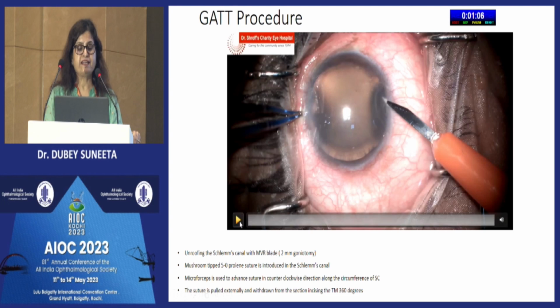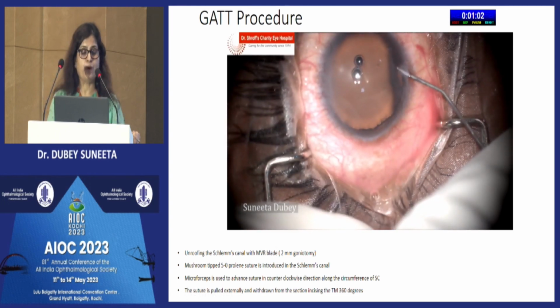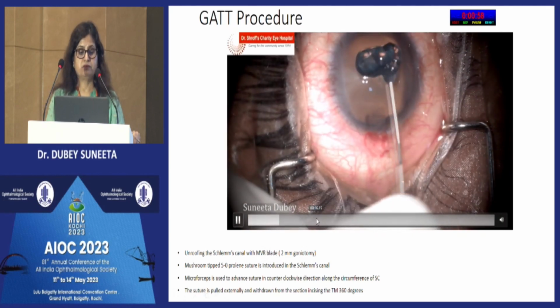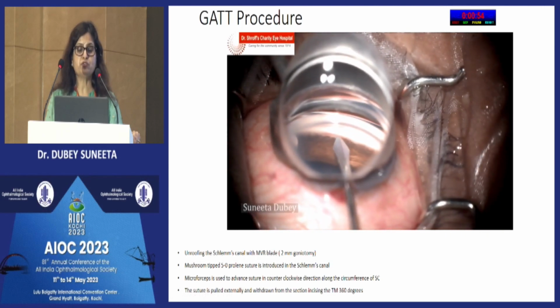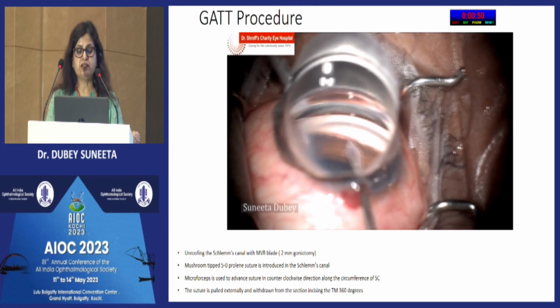As far as GAT is concerned, again, there are certain points which you need to keep in mind, that when you're doing this, a 2 millimeter goniotomy should be done. The goniotomy should not be very big, otherwise it will be difficult to insert the proline suture.